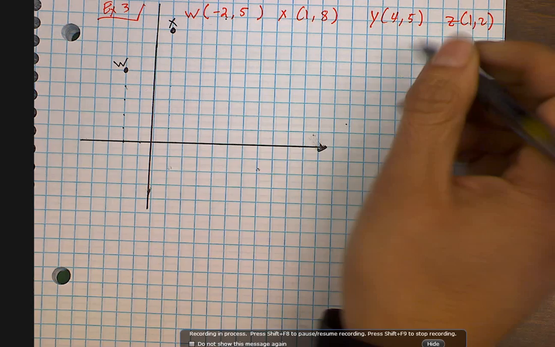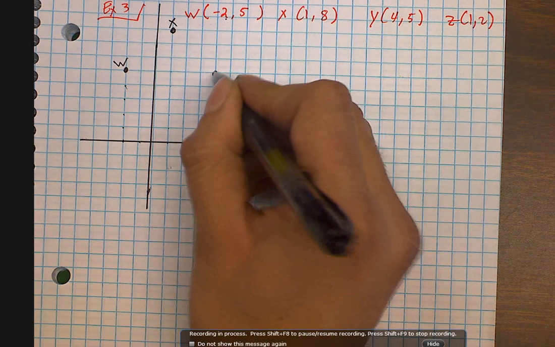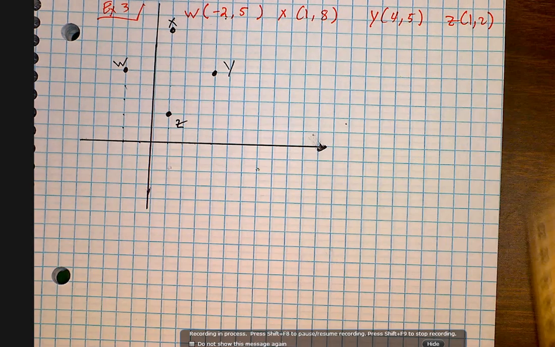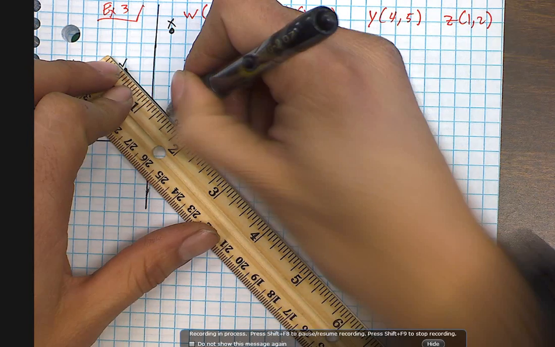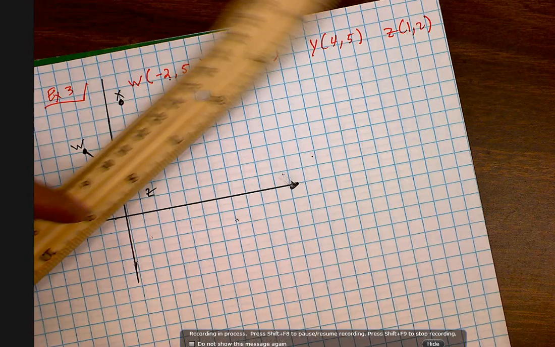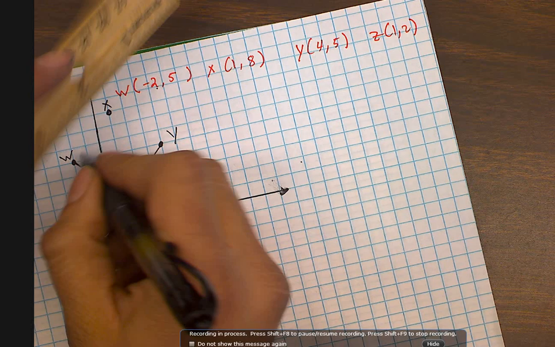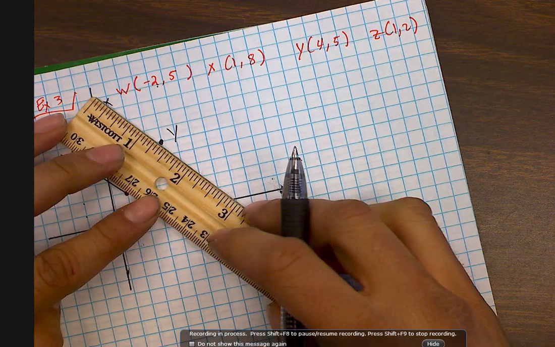The next one is 1, 2, which is Z. So let's go ahead and connect this. So we are going to determine what this is. Make sure you're using the ruler.